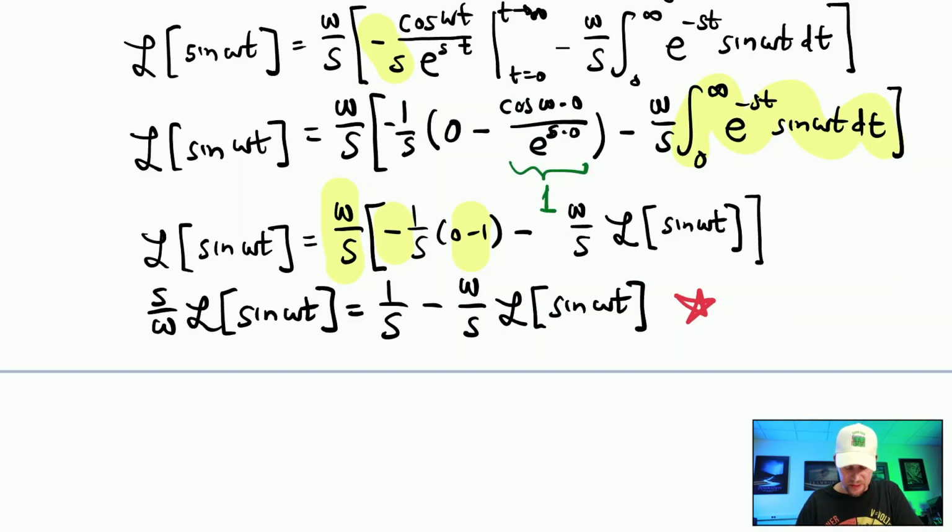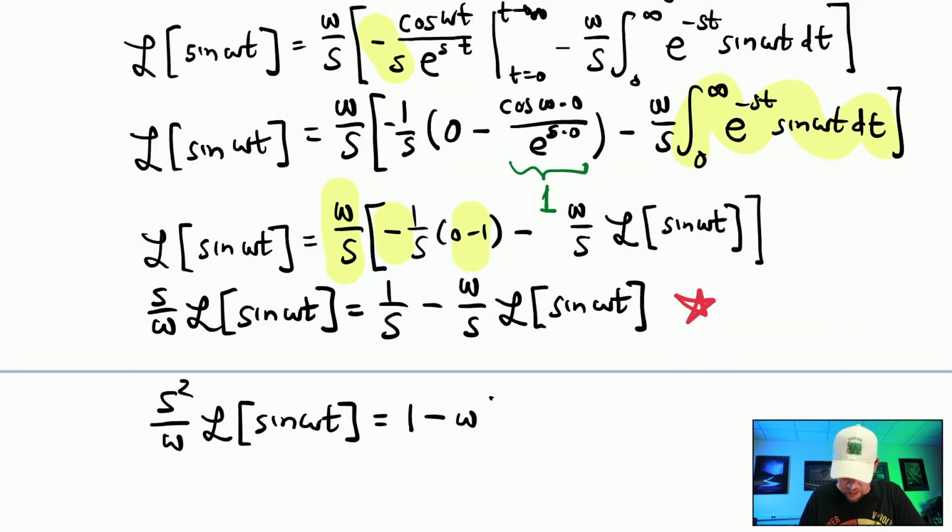In fact, one of the things that we can do to simplify this a little bit is multiply both sides by s, in which case I get s squared over omega, the Laplace transform of sine omega t, like this. On this side, I end up with 1.